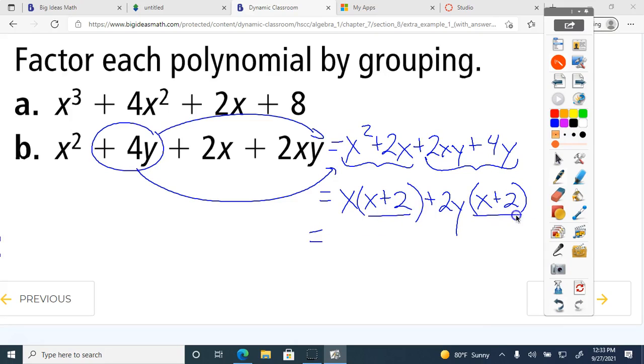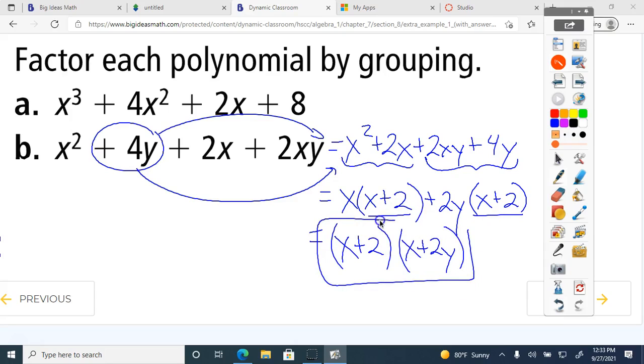What do they have in common now? X plus 2. Move it out front. And we have x plus 2y left. Okay? And this is called factoring by grouping, because you're just grouping the different parts of the polynomial together. Everybody good?